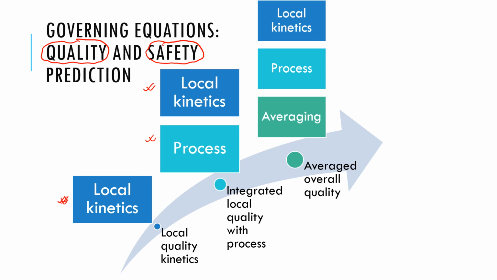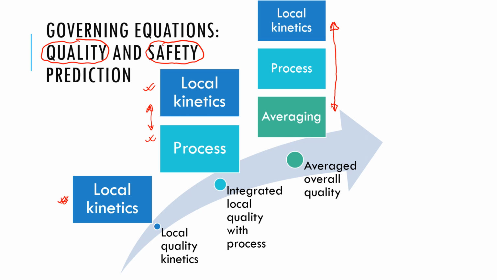And so now if we combine these two, then we get the local color formation. And the third step is when we combine these with some sort of averaging in this case. So it could be averaging over the surface, or some other processing with this information that gives us the final quality.